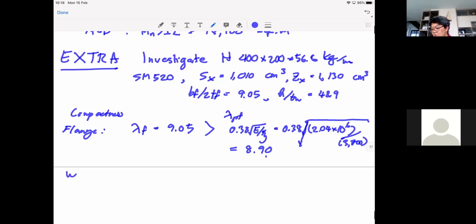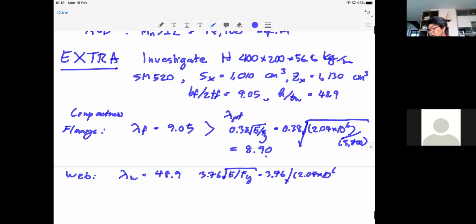For the web, again, you should always check that. Lambda web is 48.9, but because this limit is so high, it is highly unlikely. But again, we should make it complete. So it's 3.76 square root E over Fy. So that's 3.76 square root 2.04 multiplied by a million divided by 3700.